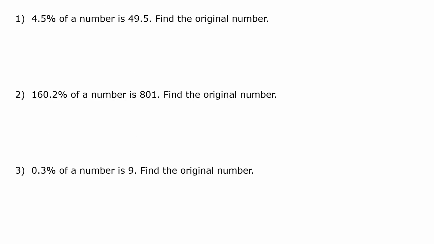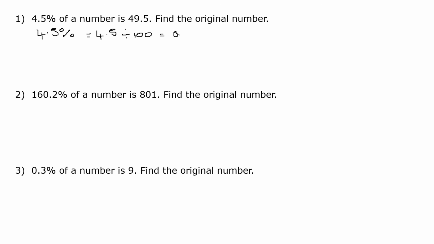So question 1, 4.5% of a number is 49.5. So let's turn our 4.5% into a decimal multiplier again. So we're going to divide 4.5 by 100. Remember that when we divide by 100, all of the digits in the number that we're dividing will move 2 places to the right.